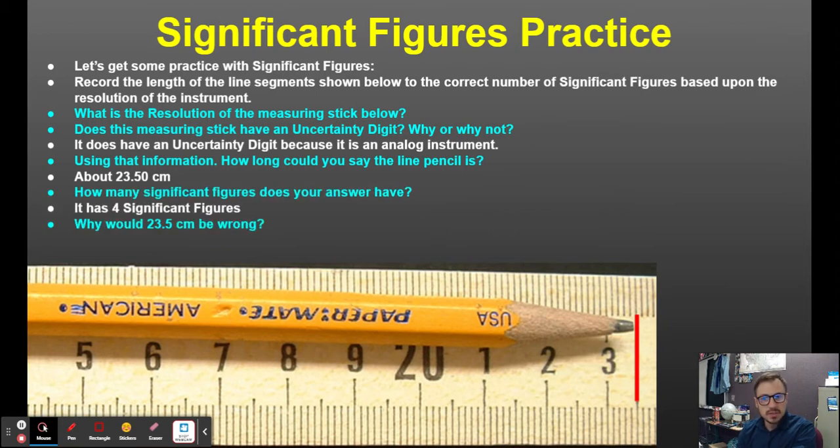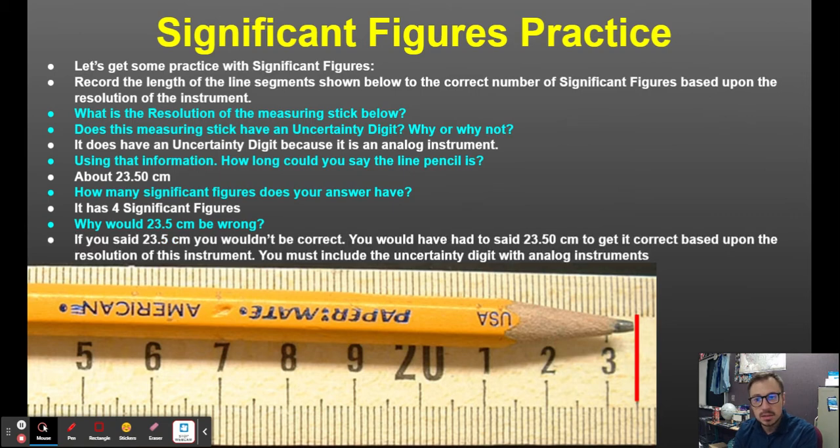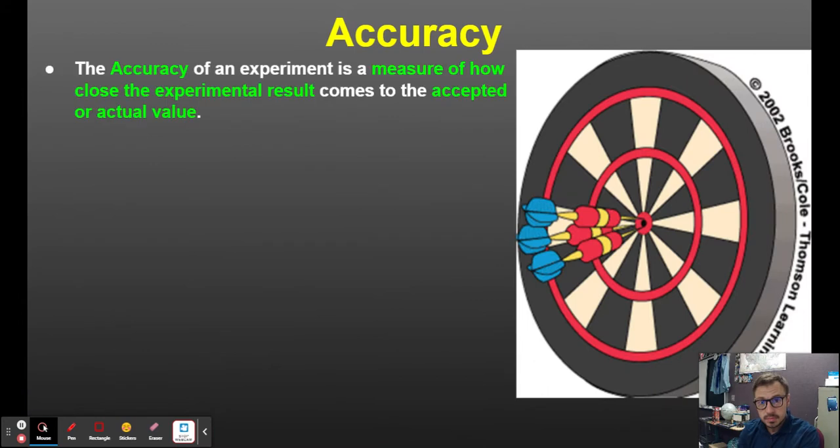So four significant figures. Now, 23.5 centimeters would be wrong because you could have said 23.50 centimeters based upon the resolution of this instrument. Include that uncertainty digit. If you can record it down, if you can be that accurate, if you have that resolution, put it, even if it ends in a 0.